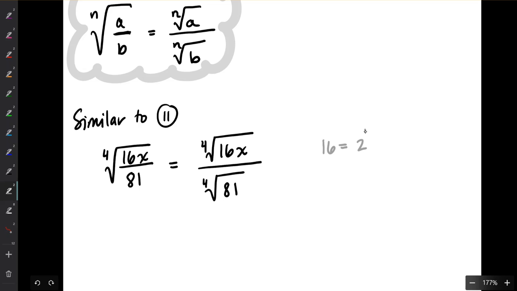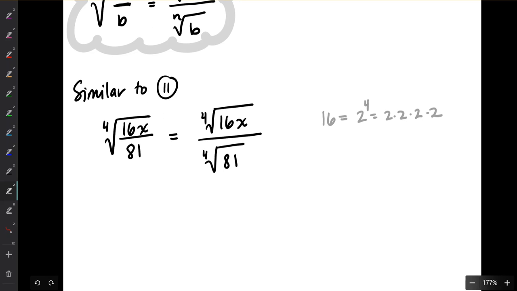Let's see it: 2 times 2 is 4, times 2 is 8, times 2 is 16. 81 is also a perfect power of 4. 81 is 3 to the fourth. 3 times 3 is 9, times another 9 is 81.